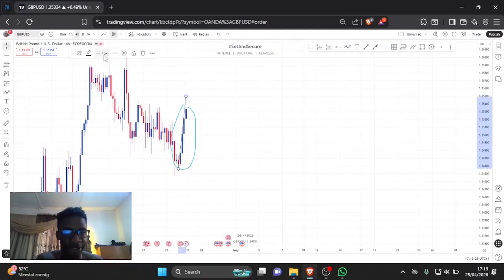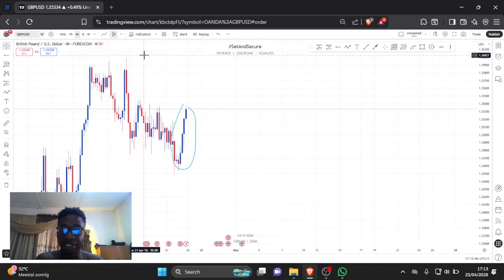This is a massive movement to the upside. See, there isn't a single bearish candle in it. That means the buyers are aggressive in the market, which means the market has changed momentum towards the upside.